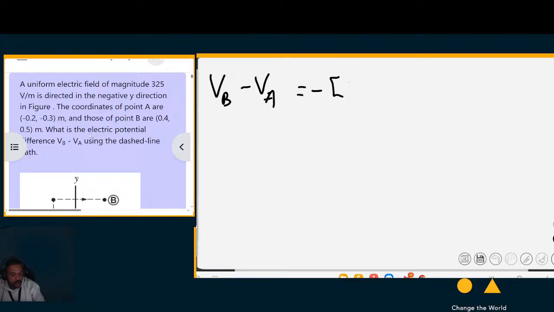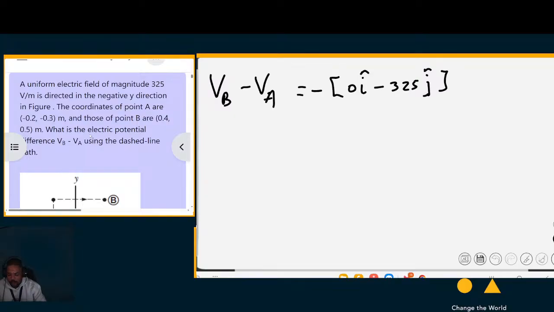So in the x direction, this electric field was 0. It has no x component. But in the y direction, it was in the negative y direction at 325. This is just basic vector components.